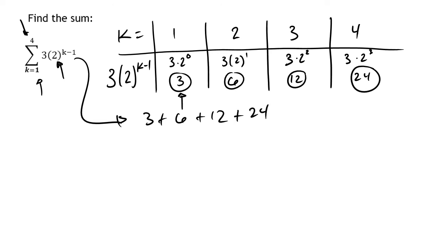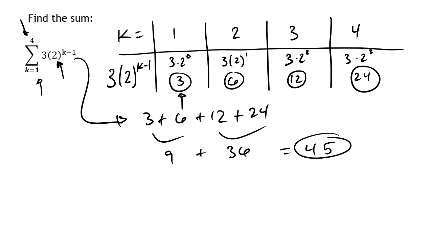This is definitely a finite series because it's just going from 1 to 4. And it's the sum of those values. 3 plus 6 is 9. 12 and 24 is 36. I'm just chunking those together. And when I add them, I get the number 45. So that particular series from 1 to 4 adds up to 45.